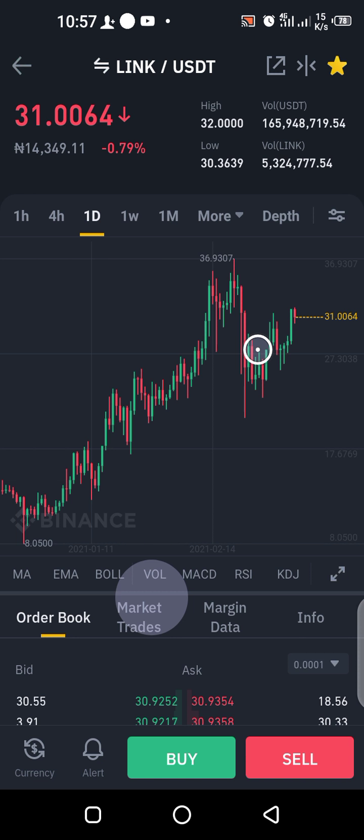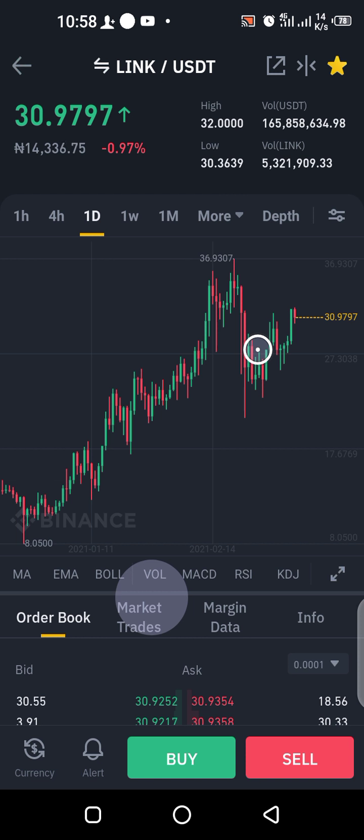I can hold a coin for 2 weeks, 3 weeks, or 1 month before selling. And in some cases where I need money, I can be trading the coin every day, buying and selling every day, following the daily and weekly chart. That's the kind of person I am.